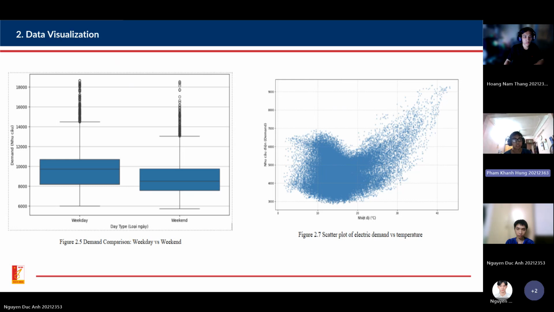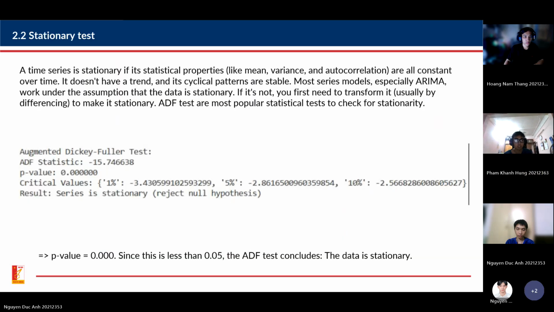Moving on to the stationary test. As you know, a time series is stationary if its statistical properties like mean, variance, and autocorrelation are all constant over time. It doesn't have a trend and its cyclical patterns are stable.